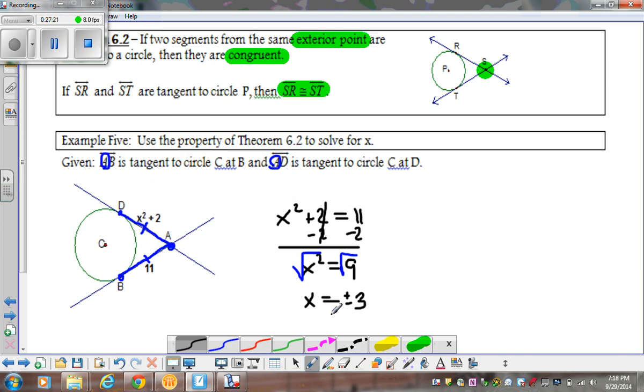They're equal. Same thing if I plug in a negative 3. Remember, anytime you square a negative, it becomes positive. So negative 3 squared plus 2 is also 11. So both of these values work. My solutions are x equals plus and minus 3.